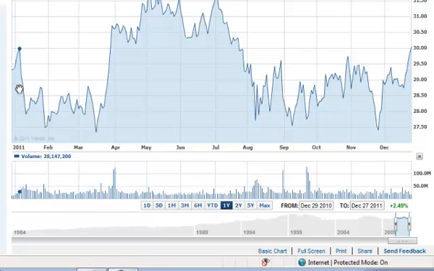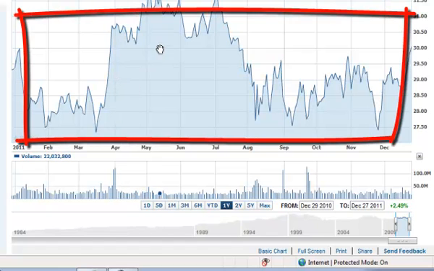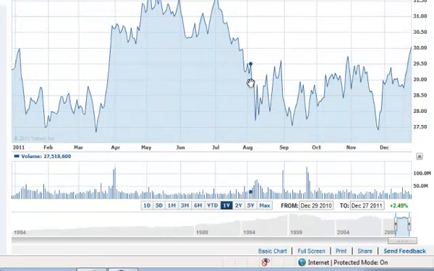But you see, in an income stock, you really don't have that same type of trend as you do for a growth stock. And one of the reasons for that is because they pay dividends. So when they're paying out dividends, the stock drops off. But you can see here that it doesn't have that upward trend.